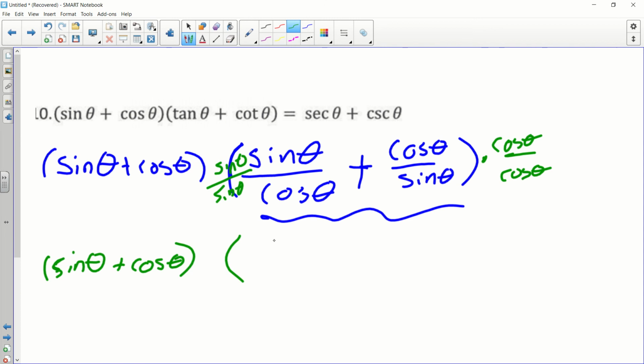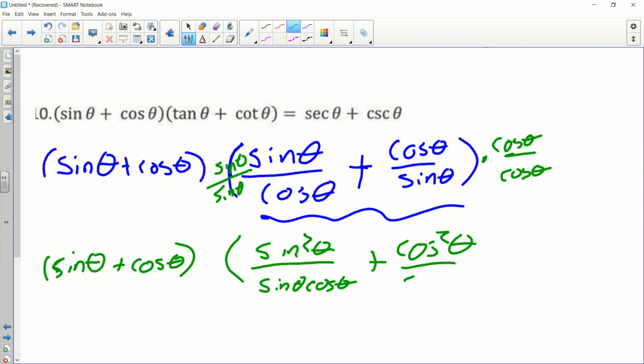So now I have sine times sine, which is sine squared, over sine cosine, and cosine times cosine, which is cosine squared, over sine cosine.